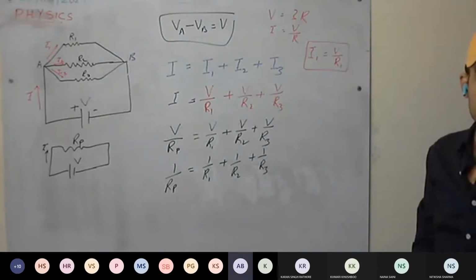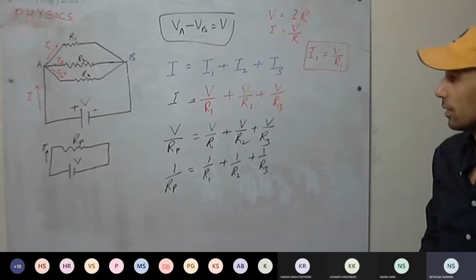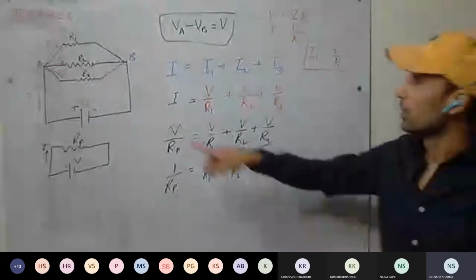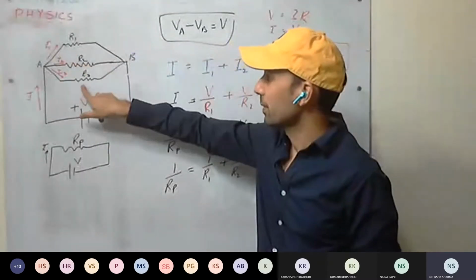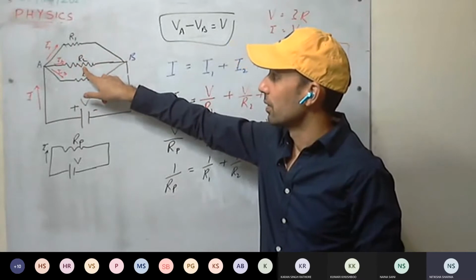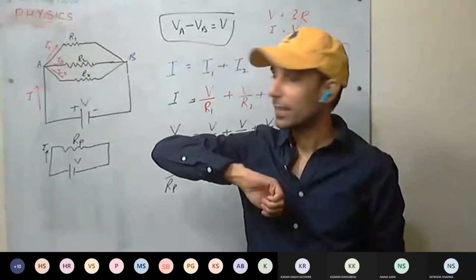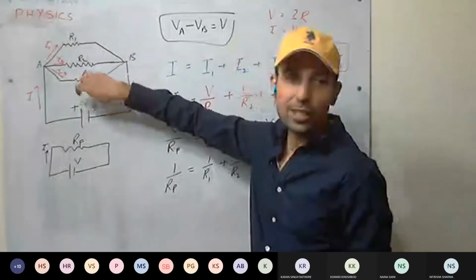Sir, that means in that parallel combination of resistors, R2 will have more resistance than R1? We do not know it. See here, if their values are not given, we don't know.